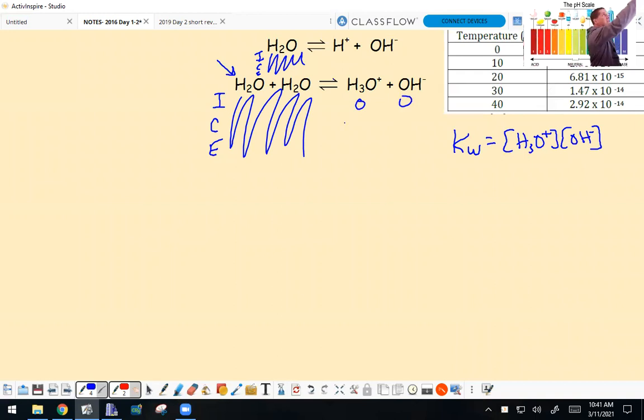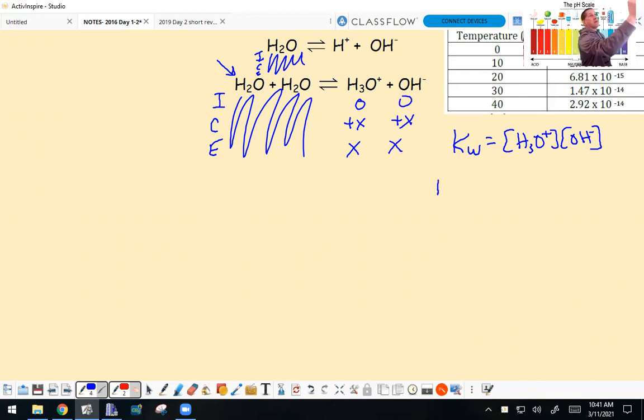Now, as it ionizes, it's going to be plus X, and so you're going to get X and X at equilibrium. One-to-one stoichiometry. All of these are going to be one-to-one stoichiometry. If you showed all of these equations to first-year chemistry students, they think it would be easy because everything is one-to-one. But again, we don't yet know about equilibrium.